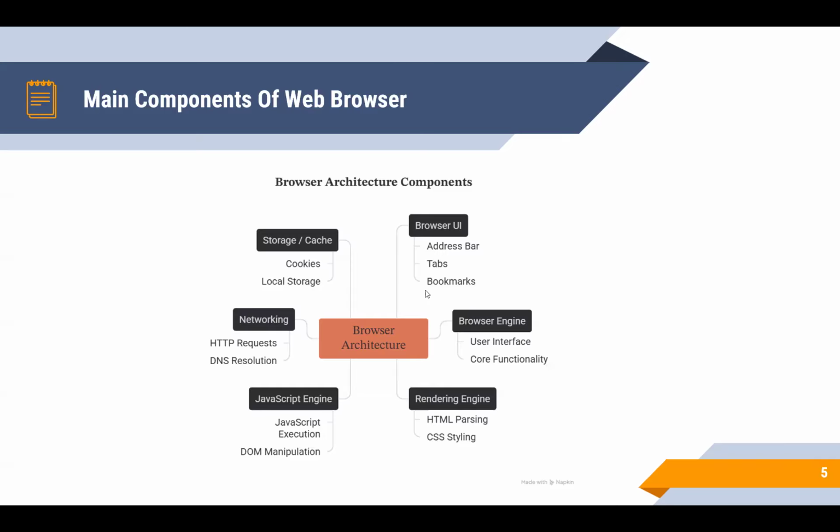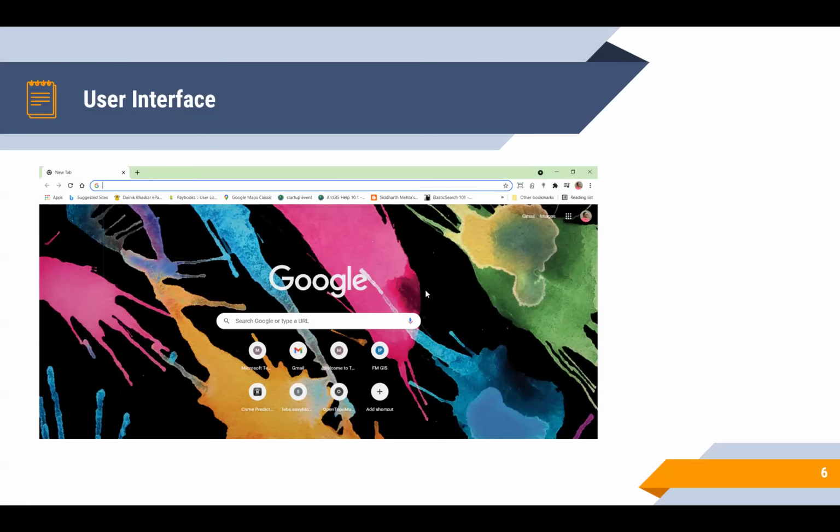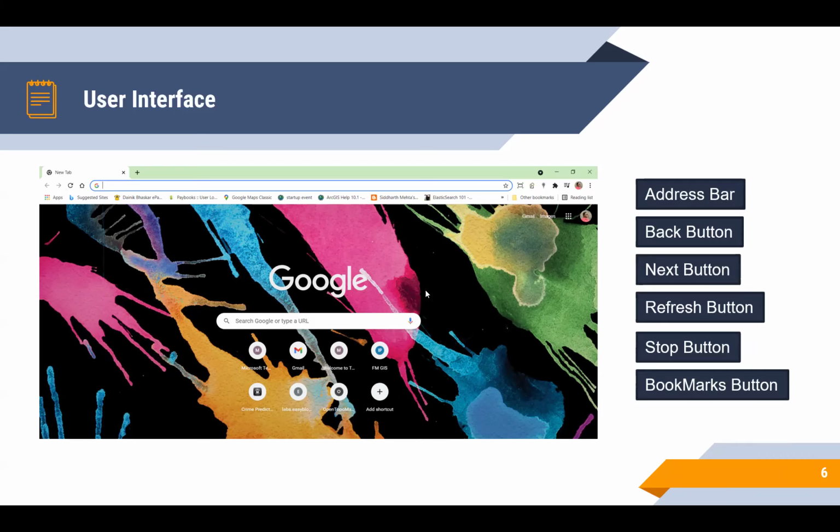Okay. Now after that, as we discussed here, we are going to check the things in more detail. The user interface: this browser, what you are able to see, this is called what? This component is called the user interface.